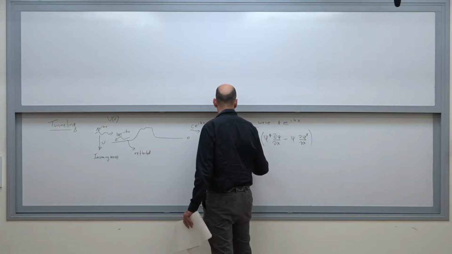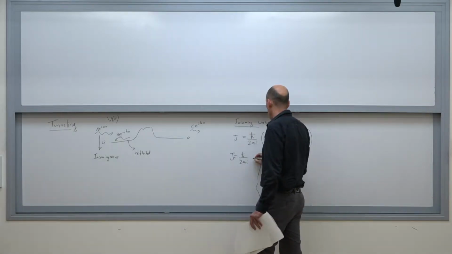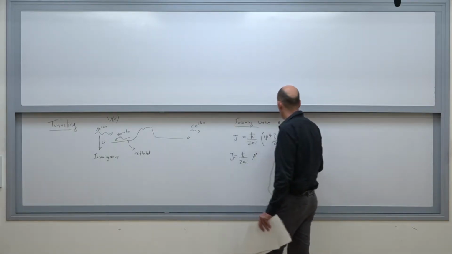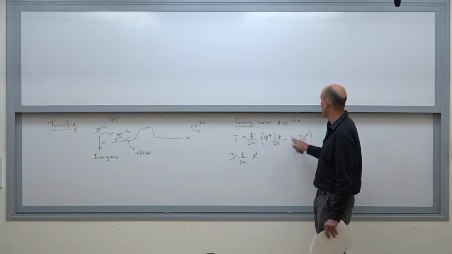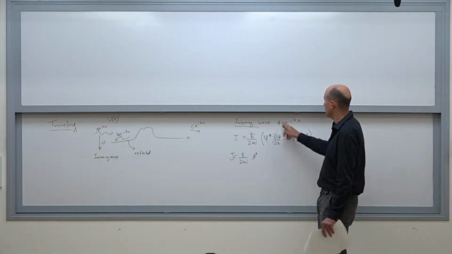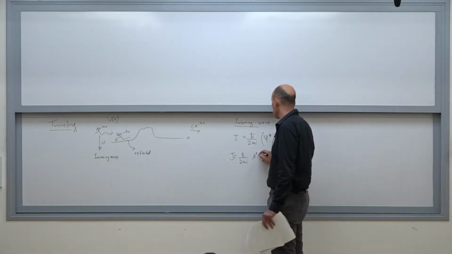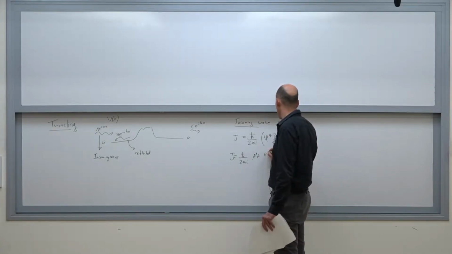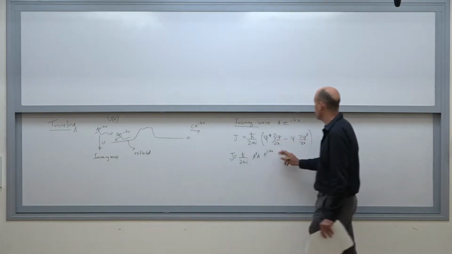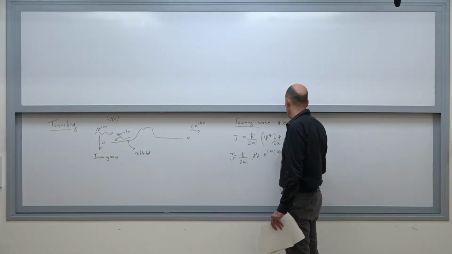So you have ħ over 2mi, psi star is a star, and from here you have a, and the derivative does not act on a since it does not depend on position. So you'll have a star times a, and inside you'll have e^{ikx}, and when I take the derivative with respect to x, I get ik e^{ikx}.